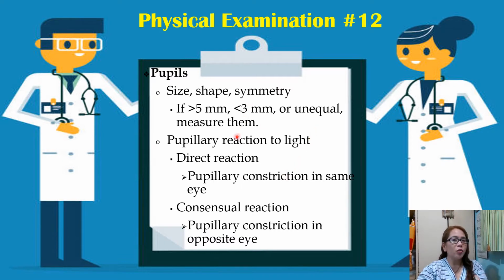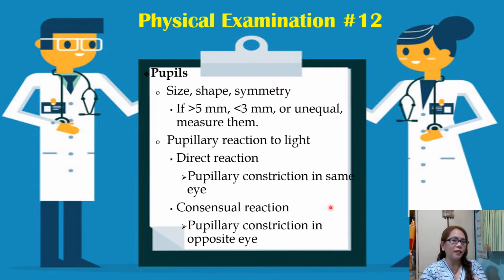Note also for the pupillary reaction to light. We have two types of pupillary reaction to light. Again, we have the direct reaction, which refers to the pupillary constriction in the same eye.